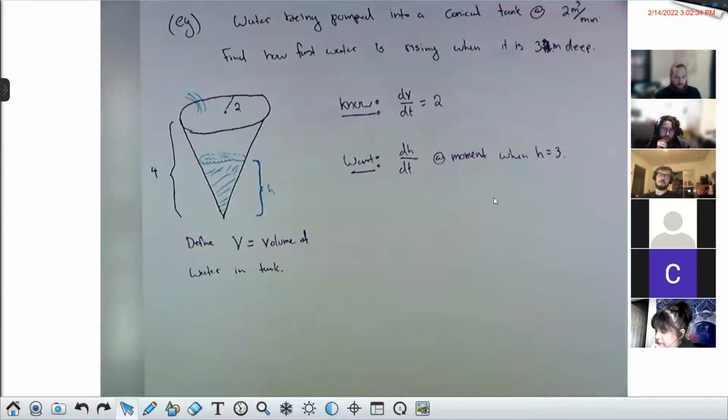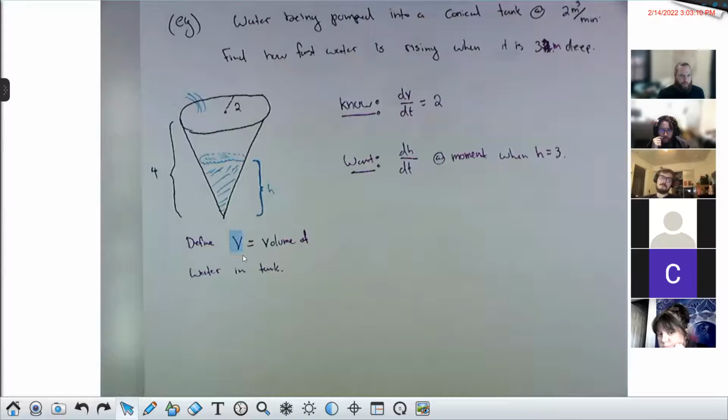Don't worry about what the equation is just now, but it should involve what 2 variables? What are the two rates that we're trying to relate to each other? V and H. Yeah, very good. V and H.